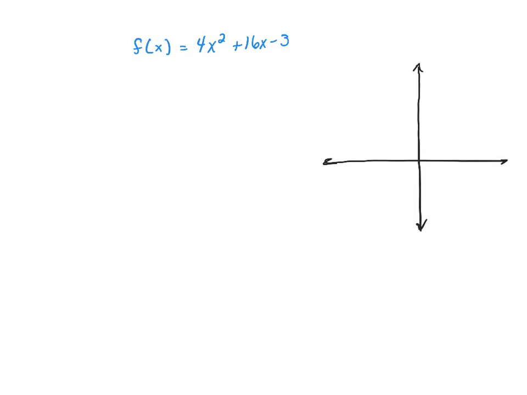So let's use that little formula we have. The axis of symmetry is located at negative b over 2a. Let's identify a, b, and c. There's a. There's b. And there's c. So we just go, the opposite of b is negative 16, over 2 times a, and a is 4.